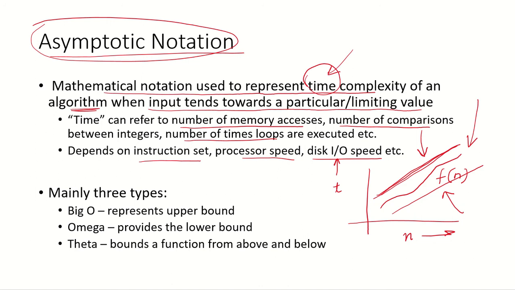This asymptotic notation is mainly of three types: big O, and this is the upper bound of the function.